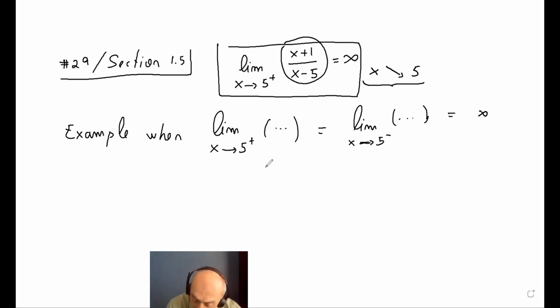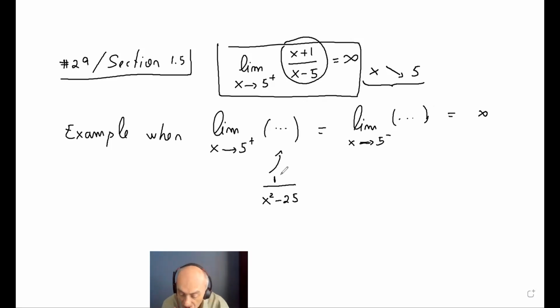Well, what expression could I put here? For example, folks, if you put 1 over x squared minus 25, this formula will have a limit of infinity from both sides when you approach. One second here.